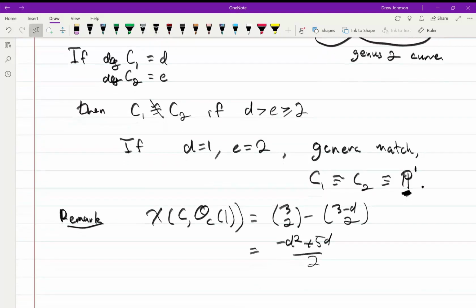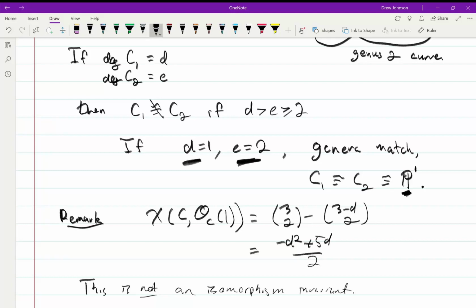And notice here that this is not an isomorphism invariant, because if I plug in our case here, d equals 1 or d equals 2, you actually get different numbers.